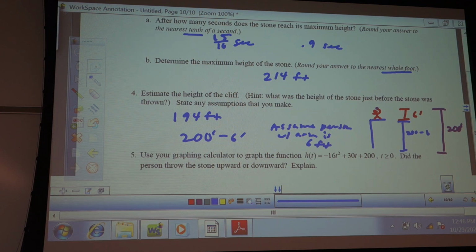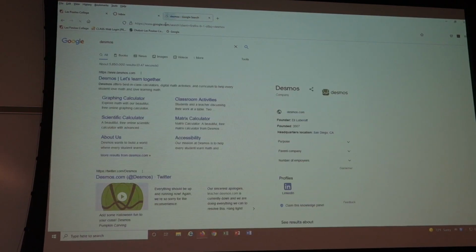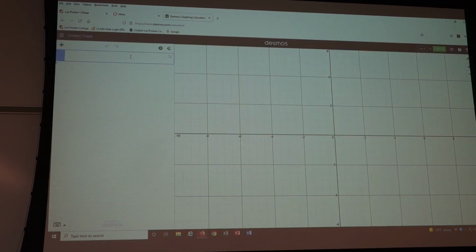All right, now use the graphing calculator. We won't require you to have one. No, Desmos. We're going to graph this: negative 16x squared plus 30x plus 200.